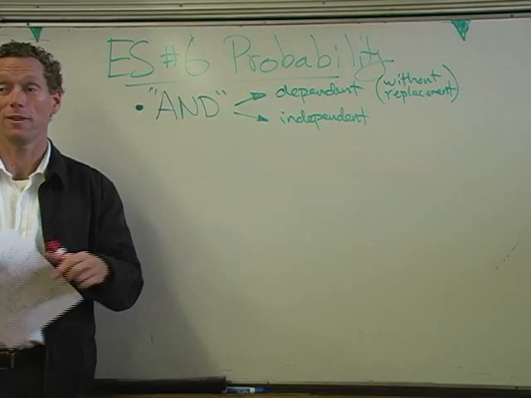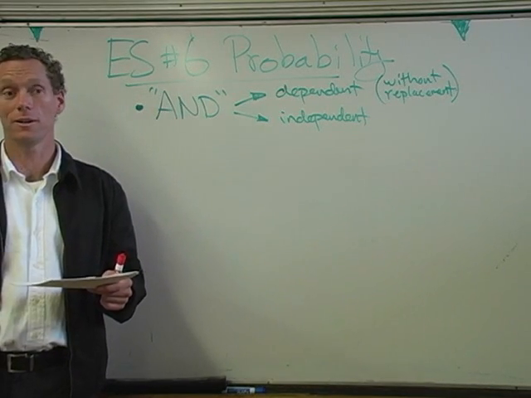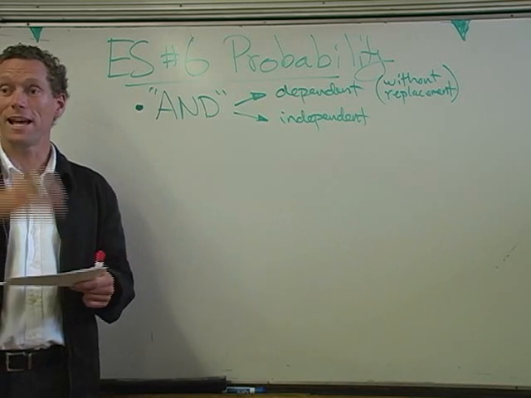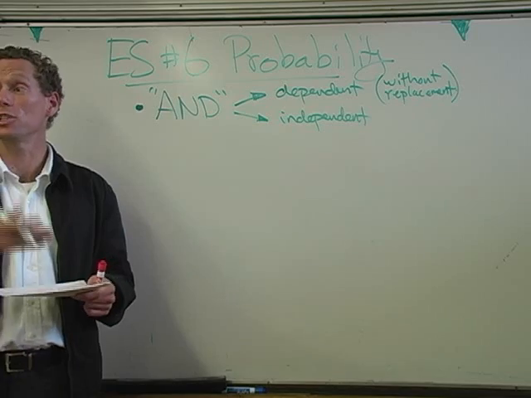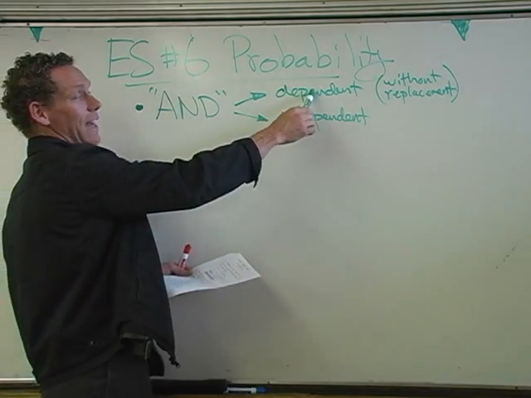Classic example is you have a deck of cards. What is the probability that you draw a heart and then draw a king? For the second card that you draw, the probability has now changed because there are only 51 cards in the deck. That's an example of that happening.